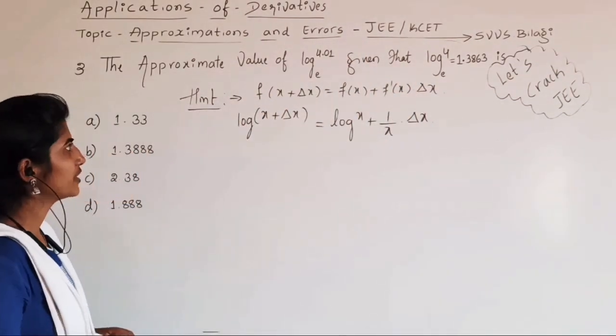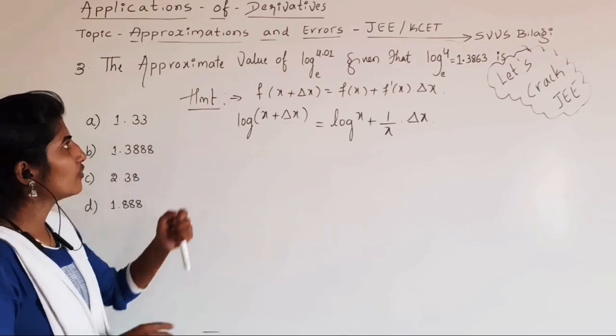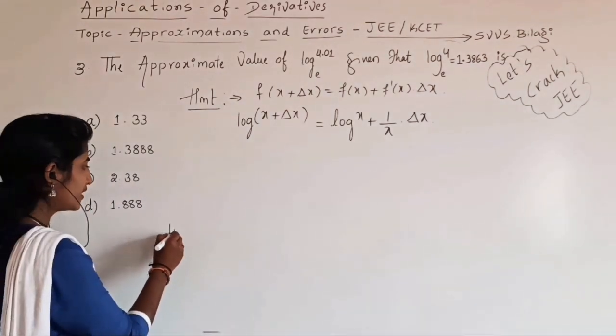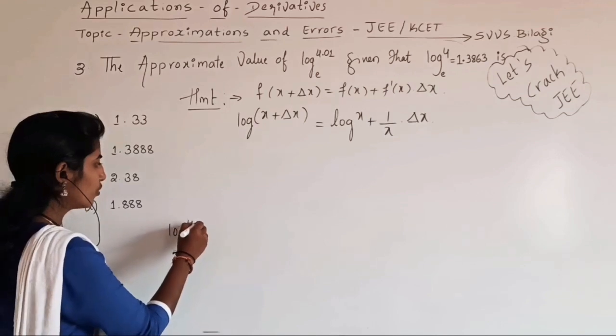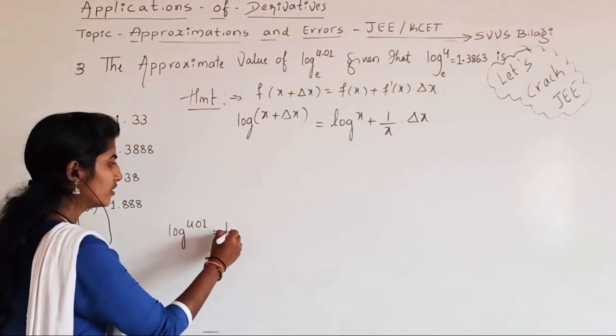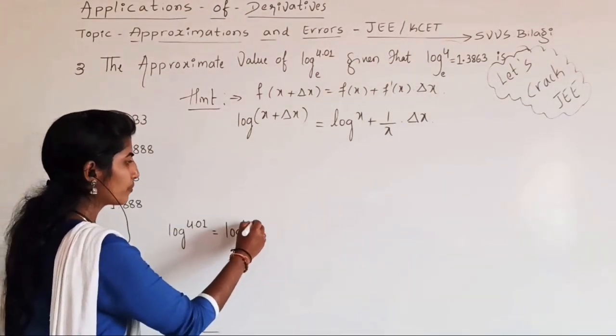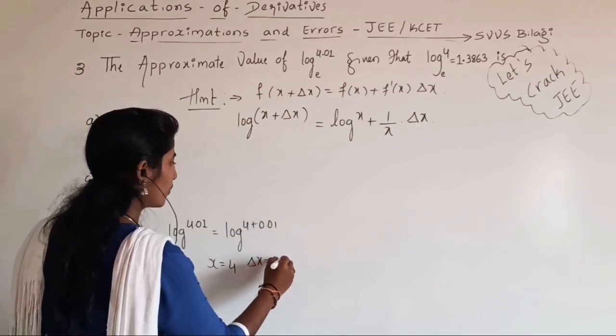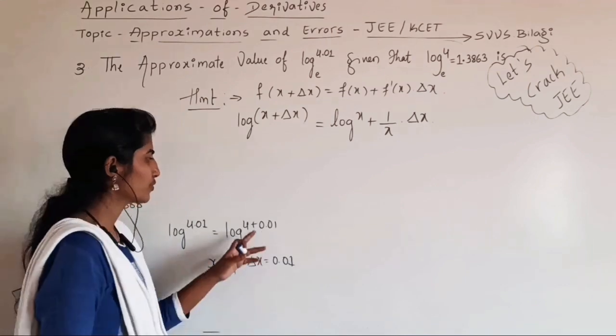Now the value of log of 4.01 is asked. I can write log of 4.01 as log of 4 plus 0.01, so delta x will be 0.01.